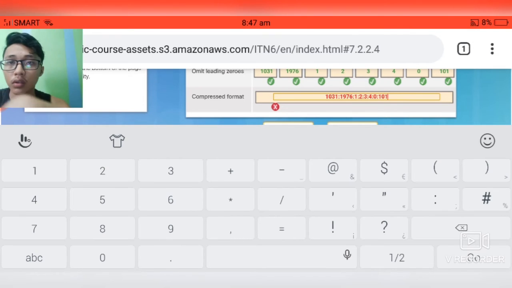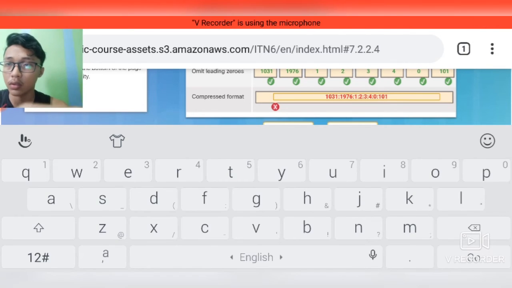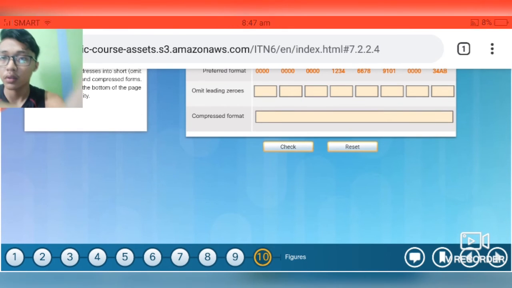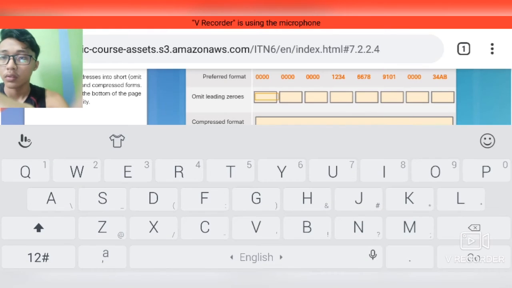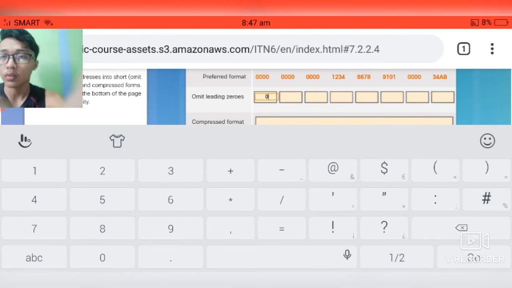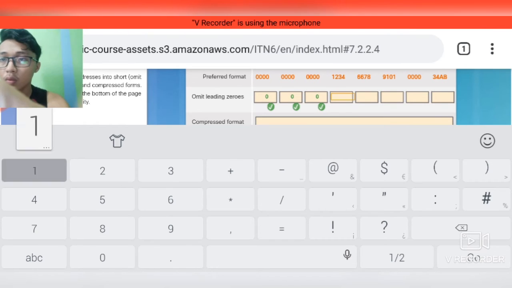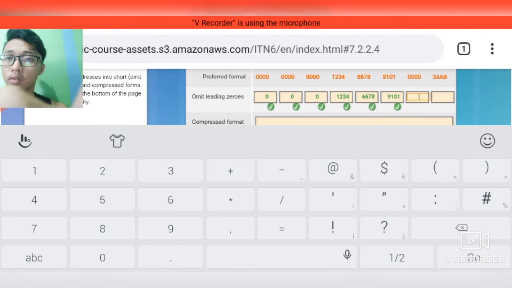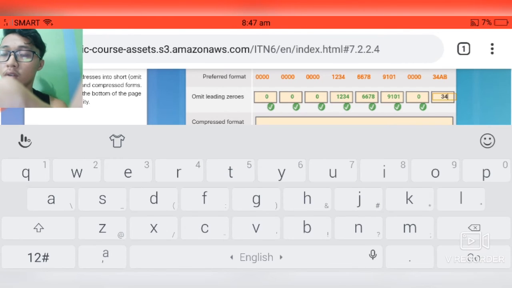And for our 10th figure we have here 0 0 0 0 1 2 3 4 6 6 7 8 9 1 0 1 0 3 4 AB.